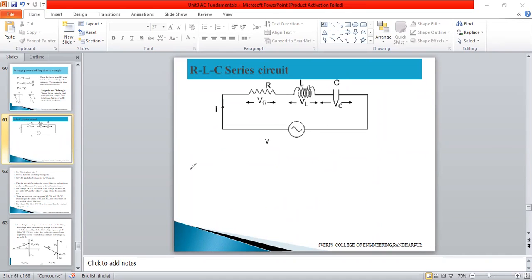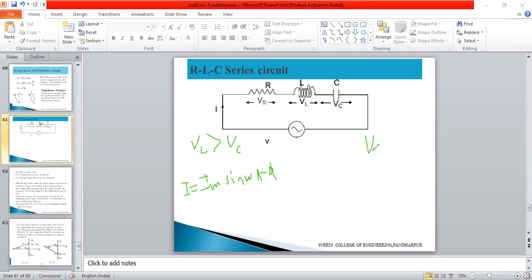Explanation of phasor diagram. For VL greater than VC, the current equation is i equal to Im sin(omega t minus phi).